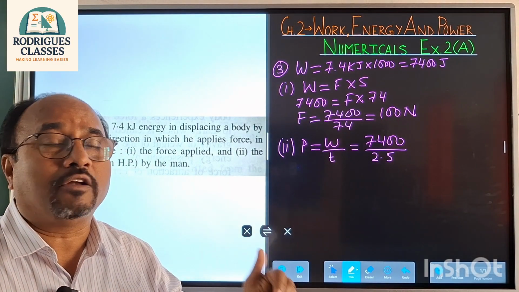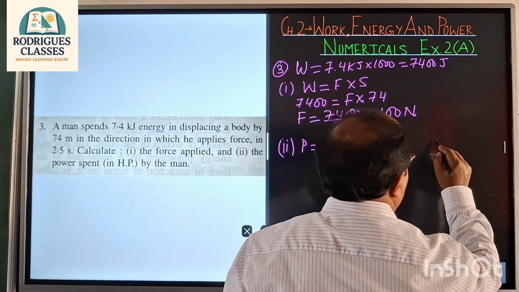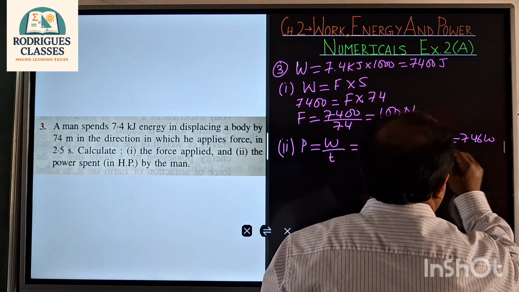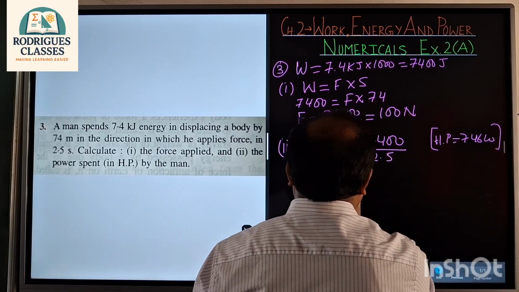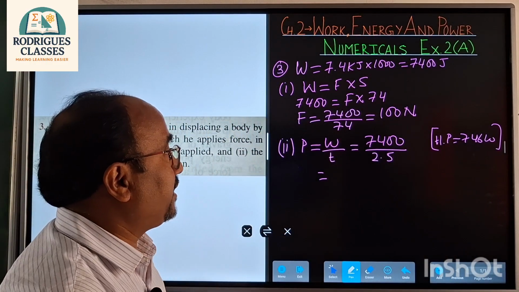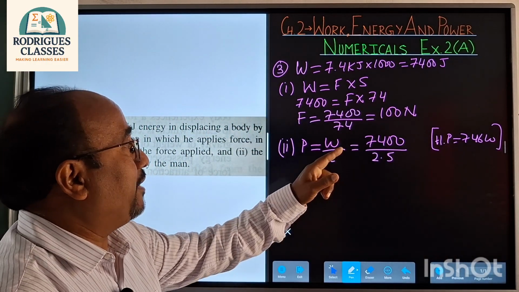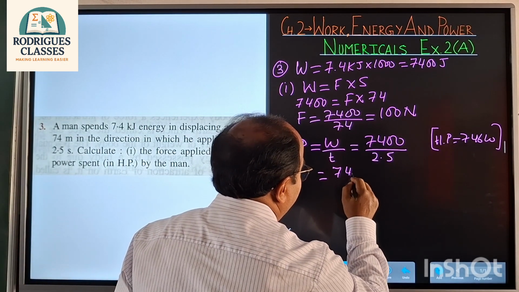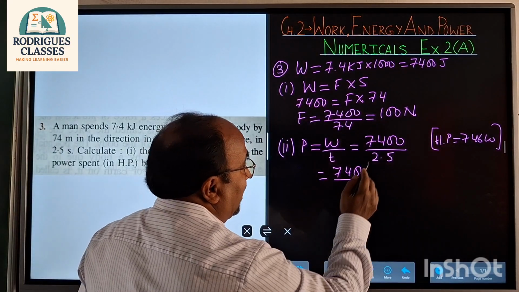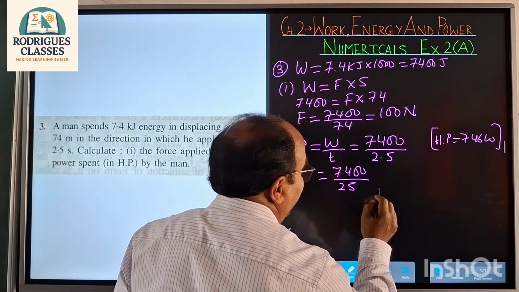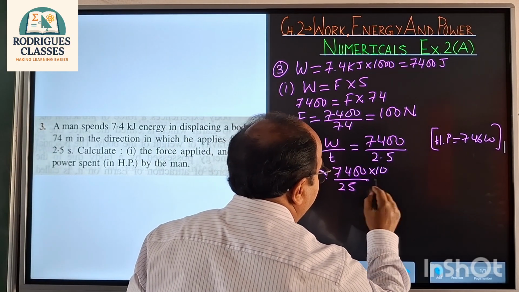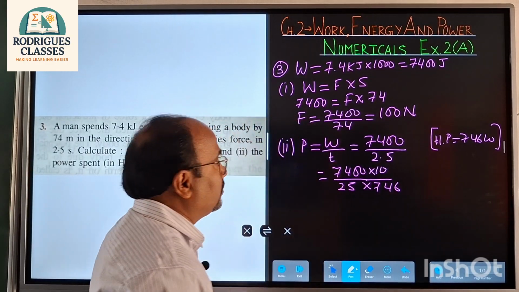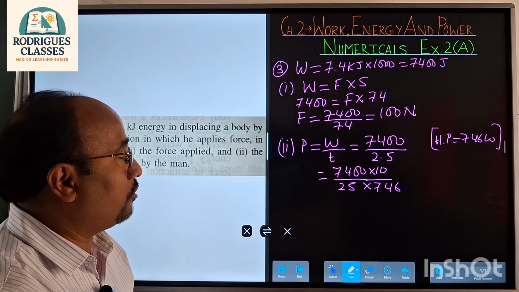So we remember 1 horsepower is 746 watt. Okay, so to solve it, I need to convert it into horsepower by dividing it with 746. So I will write here 7400 first. I am removing the decimal here, 25, so I am writing a 10 here, and I need to divide it with 746 because I have to convert watt in terms of horsepower.